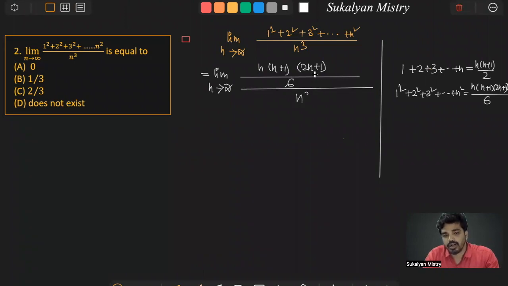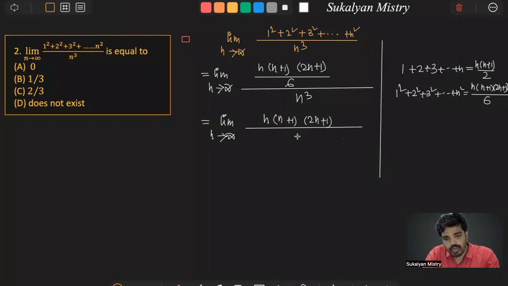So this is the formula for the sum of 1 square plus 2 square plus 3 square plus up to n square, n into n plus 1 into 2n plus 1 divided by 6. So that equals the limit as n tends to infinity of n into n plus 1 into 2n plus 1 divided by 6n cube.